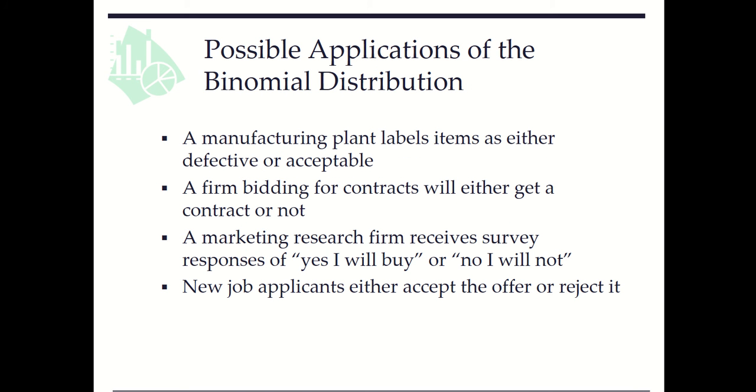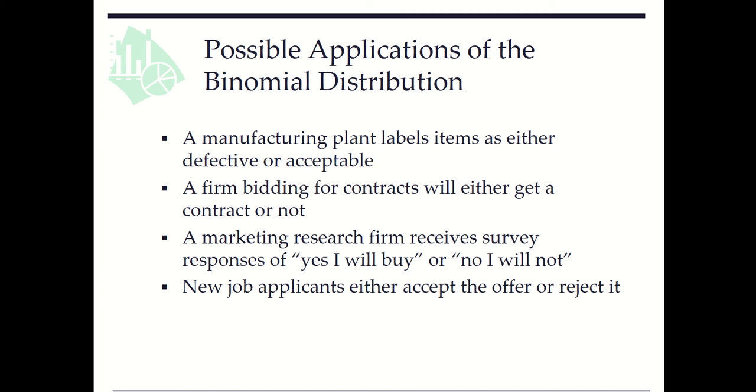There can be many applications of the binomial distribution. For example, a manufacturing plant labels items as either defective or acceptable. A firm bidding for contracts will either get a contract or not.